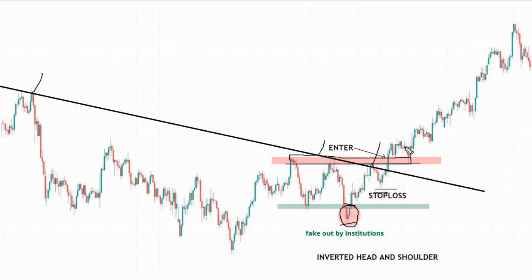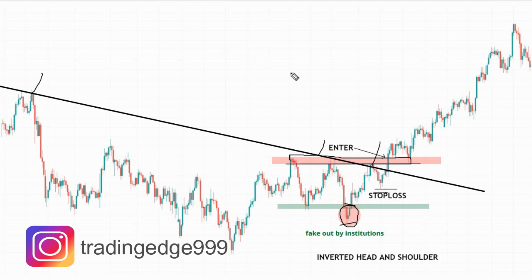So this is an indication that buyers are much stronger and more aggressive than the selling side. That's why prices are continuously touching the supply zone and testing the resistance zone multiple times.